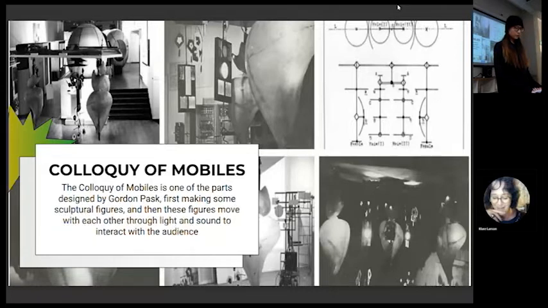Colloquy of the Mobiles is one part of the work by Gordon Pask. He first made sculpture figures, and the figures exchange with the audience by moving, photographic and sound signals, expressing the nature of machine-to-machine and human-to-machine interaction in an immersive environment. At the time, the Colloquy of the Mobiles influenced a generation of artists and critics concerned with the role of technology in everyday life.